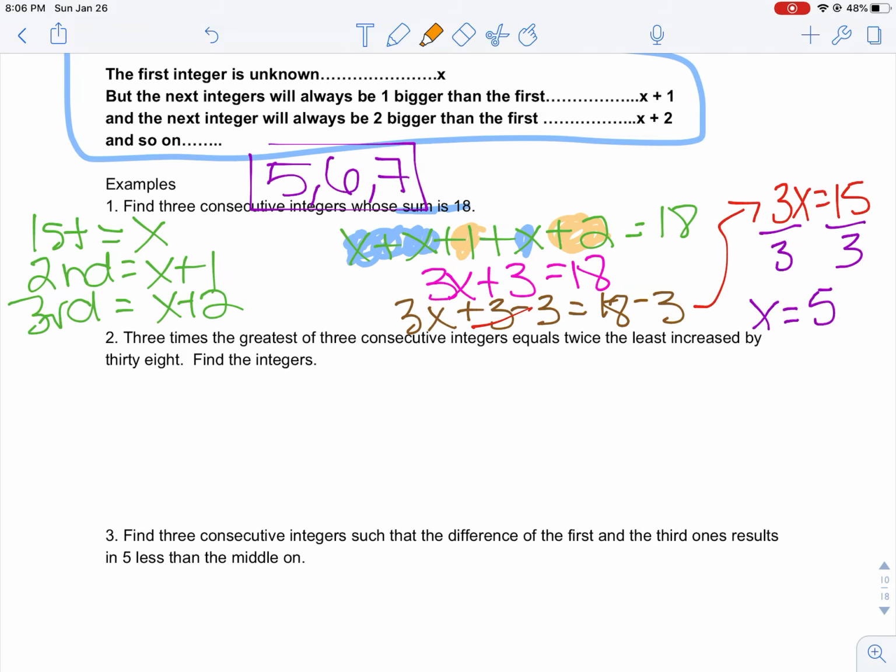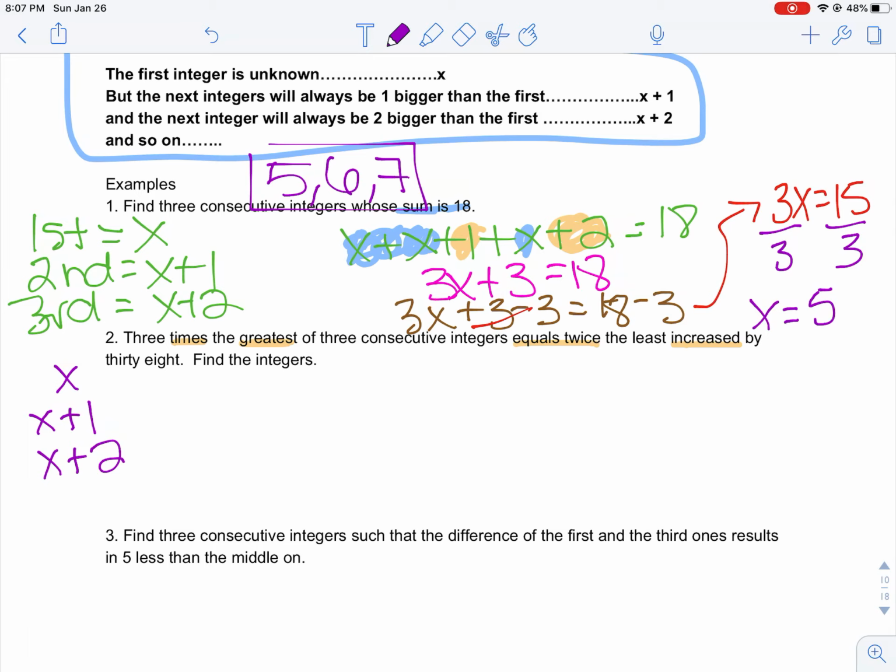The next scenario says 3 times the greatest of 3 consecutive integers equals twice the least increased by 38. So I would highlight my clue words. So the pattern is always x, x plus 1, x plus 2, anytime they say 3 consecutive integers.